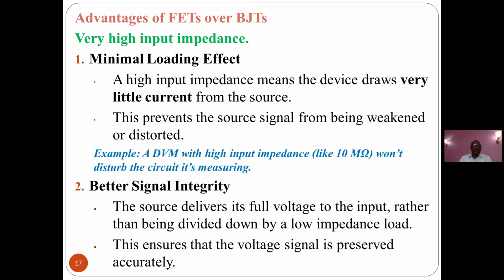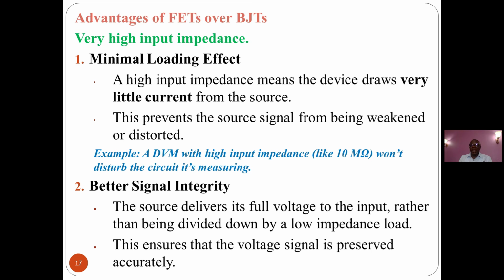Say, for example, you have a digital voltmeter, DVM, with high input impedance. When you use it to measure something, it will not disturb the circuit it is measuring. It will not draw more current to operate. It will not distort the signal.